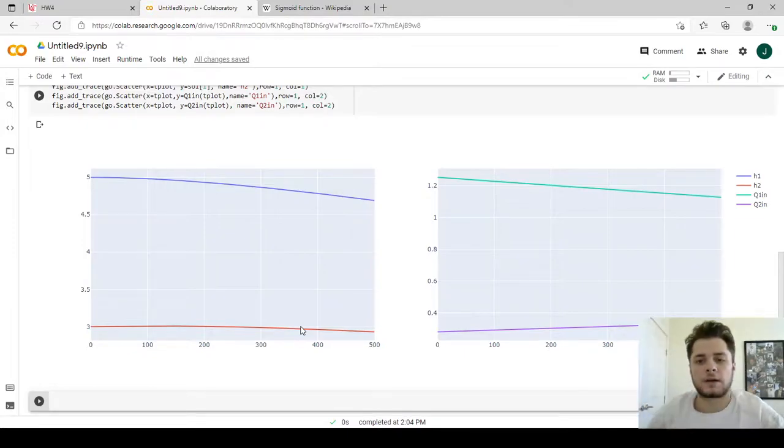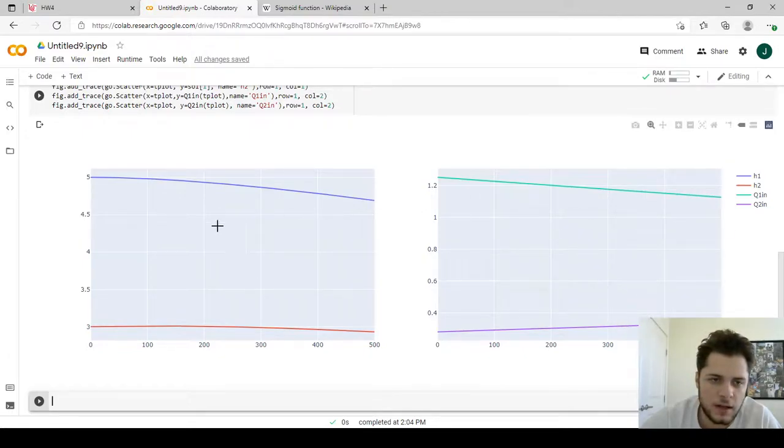There. Okay, so now I have my two plots. I have my flow rates on this one, and I have my heights on this one. So that solves for finding our change in heights with the change in flow rates, and we graphed it all.